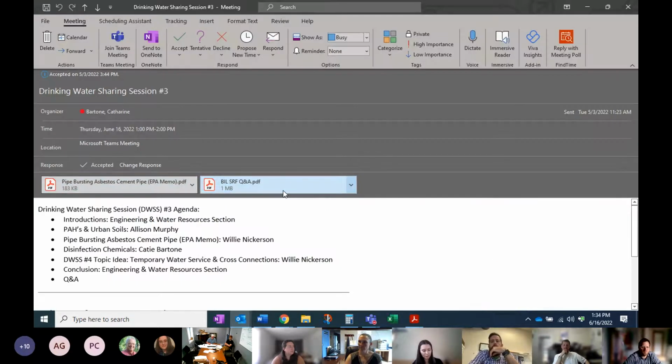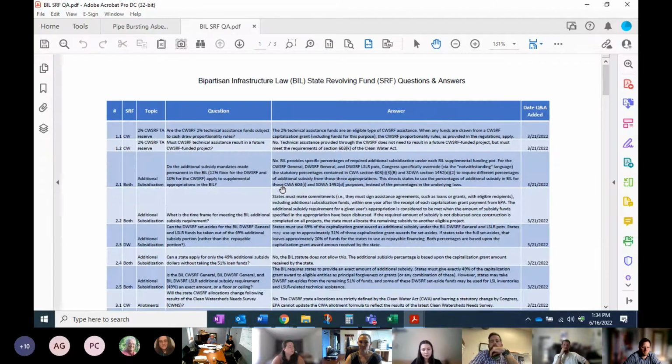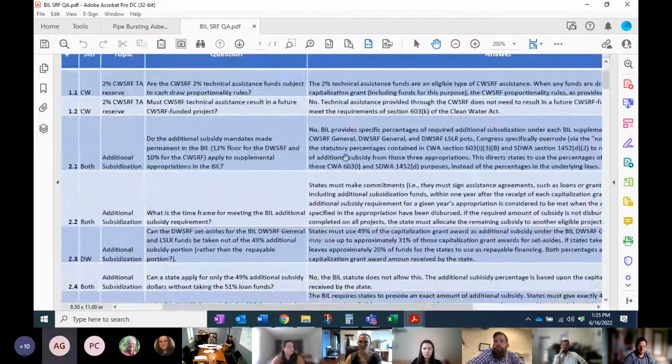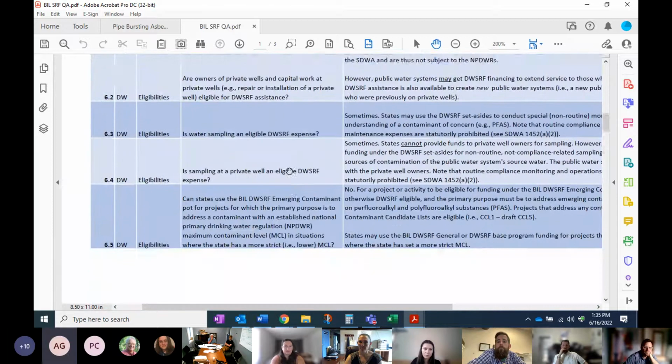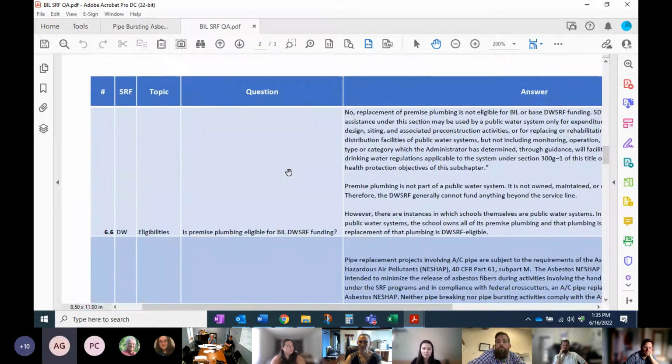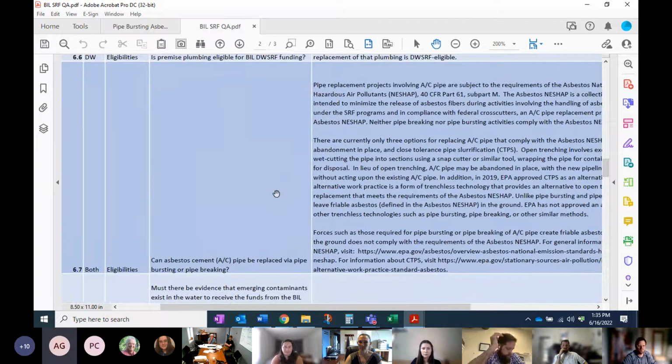And the other resource, I got this from Amy, and so I don't know much about it. Amy, maybe you can tell us what exactly this is. There's just item 6.7. So this is some frequently asked questions, specifically about SRF eligibility and mostly related to the bill.